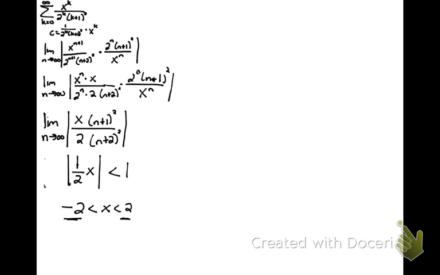If we were to consider when x equals 2, well, when x equals 2, that means that our series from k equals zero to infinity will be equal to 2 to the k over 2 to the k times k plus 1 squared.